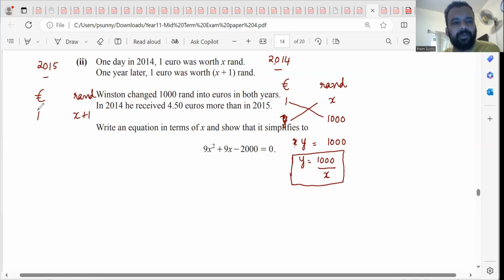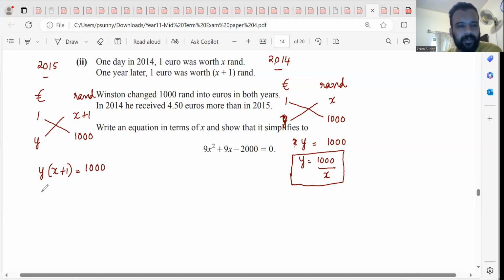Now what is happening here in 2015? 1 euro, its corresponding value is x plus 1 rand. Winston is again changing 1000 rand, and let's take this also as y. What will be the amount that he'll be getting in 2015? Let's go for cross multiplication because it is currency conversion. y into x plus 1 is equal to 1000 into 1, which is 1000.